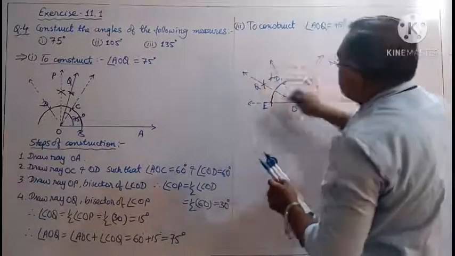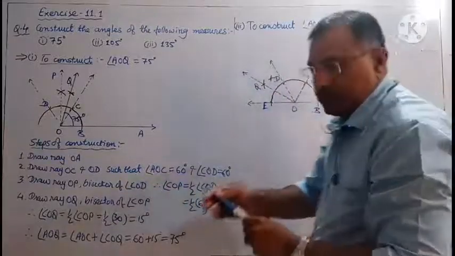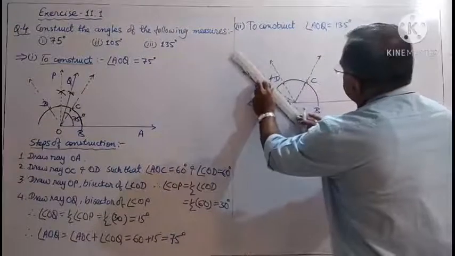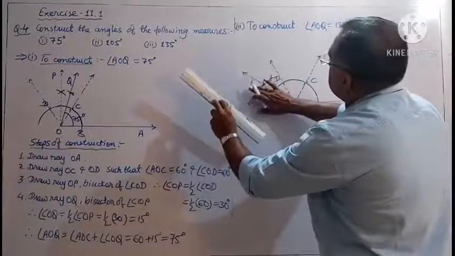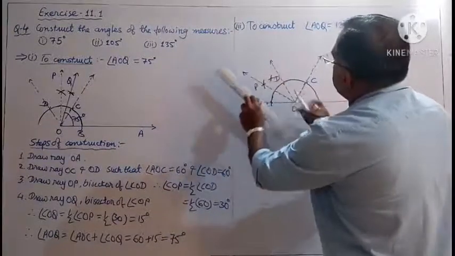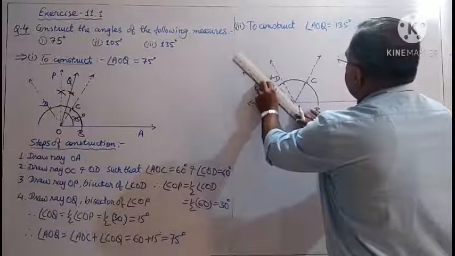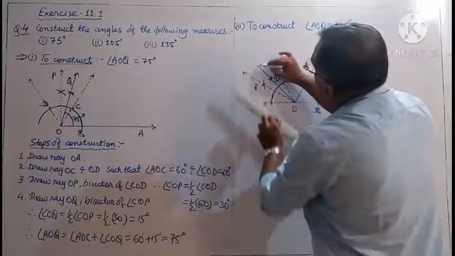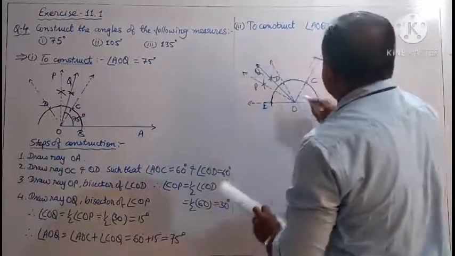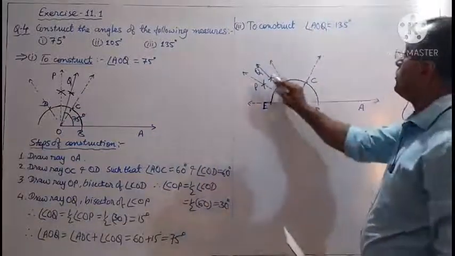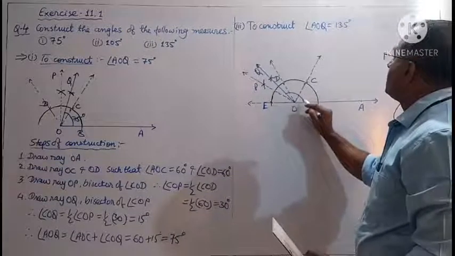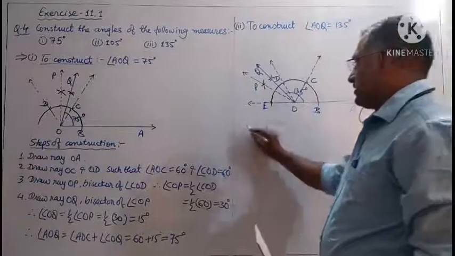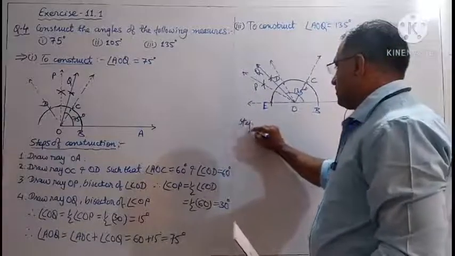And thus you will get here ray OP, and here Q, OQ. So angle AOQ is 135 degrees. So let us write the steps of construction.